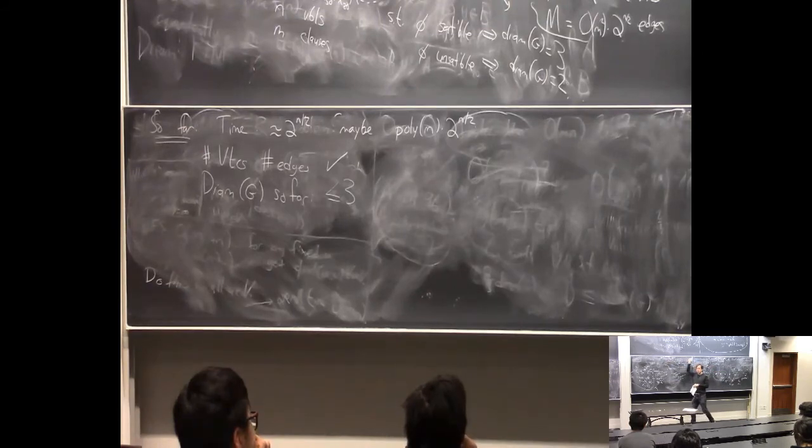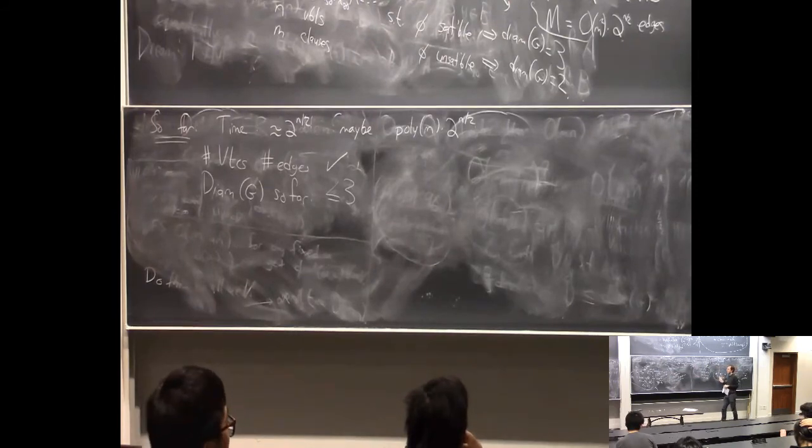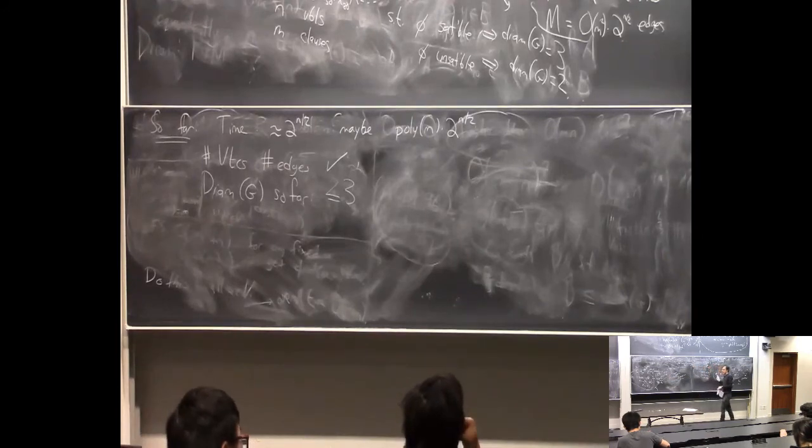It can get to these 2 special guys in 2 steps. So whether or not the diameter is 2 is all about whether you can get from every guy over here to every other guy over here in at most 2 steps. Right? Whether or not the diameter is 2 depends on if for every vertex over here and every vertex over here, there's a length 2 path. And the only way there can be a length 2 path is if you go right up to a clause and come right back down to the appropriate vertex over here.